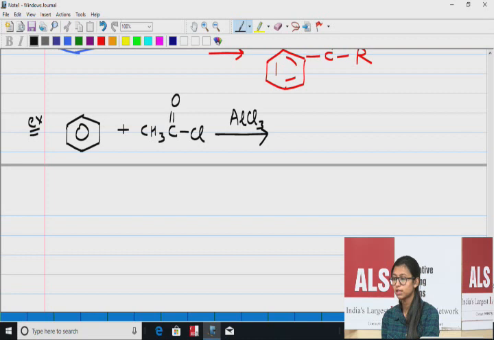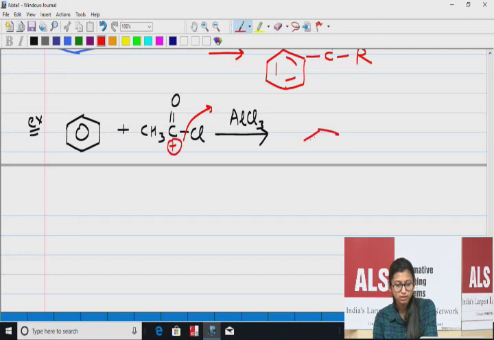Ketones, very good. CH3CO. Cl will not be there. You will remove this Cl, you will get the positive charge here, it will go and attack. And we will get C double bond O, CH3.